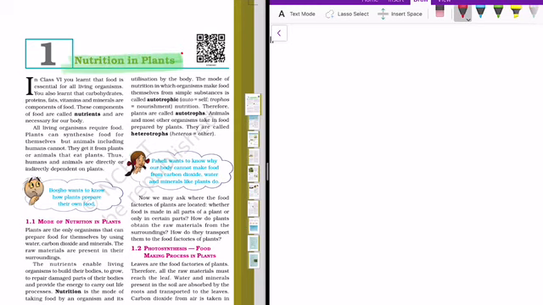In earlier classes, in class 6th, you have studied about food and the different components of food. What are they? They are carbohydrate, protein, fat, vitamins and minerals.